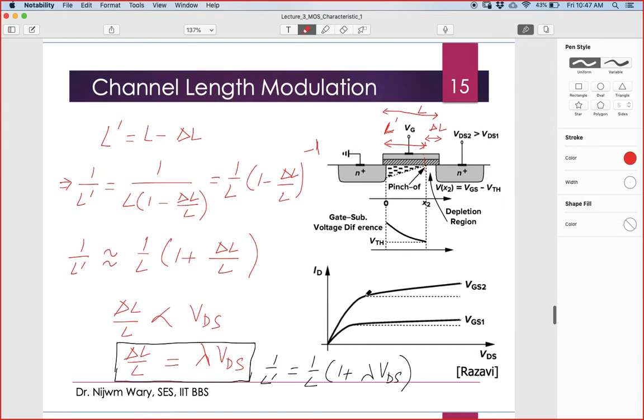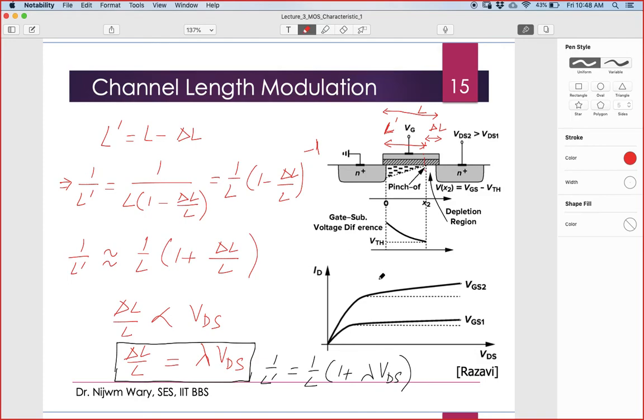So what happens is this lambda becomes so large. Because of which we don't get this constant kind of equation. So it affects the performance of the transistor a lot, especially when we have to design analog circuits, when we have to design very high gain.